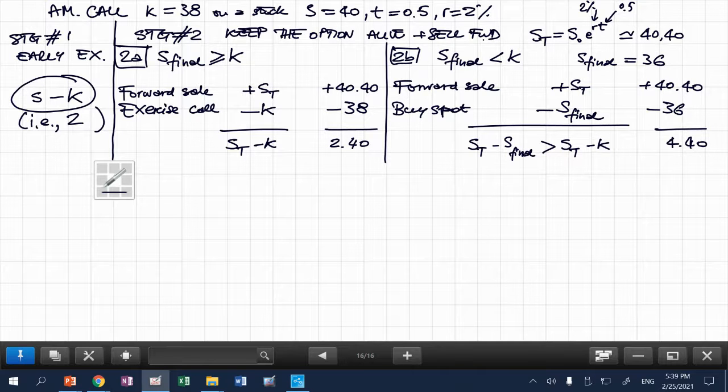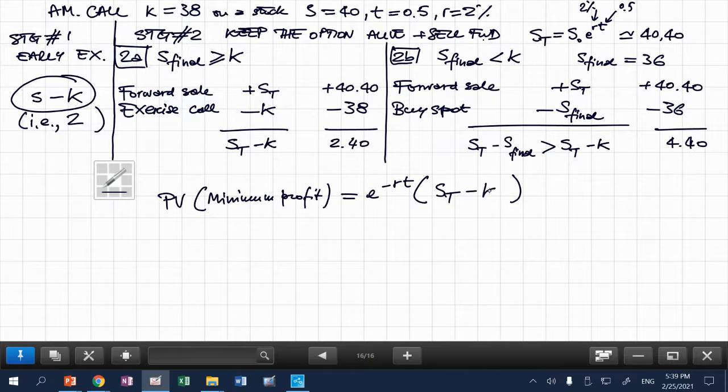So I have to take the present value of this. Is that okay? So what I calculate here is the present value of the minimum profit, which is e power minus RT of the minimum profit, where the minimum profit is ST minus K, okay?